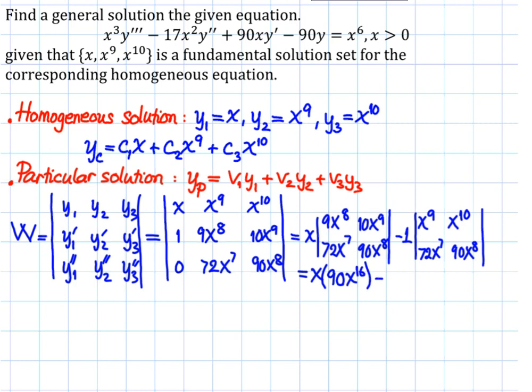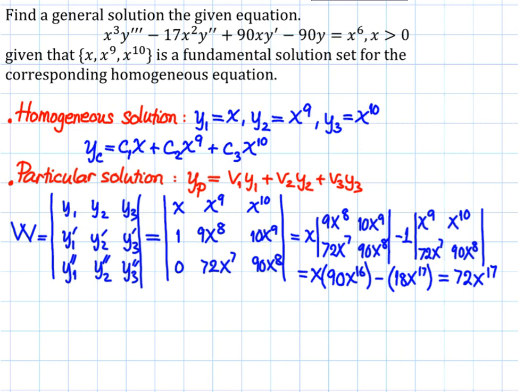Then minus, now we have 90 minus 72, that will be 18, x to the 17, and when we combine these two we should have 72x to the 17. So that is the Wronskian.